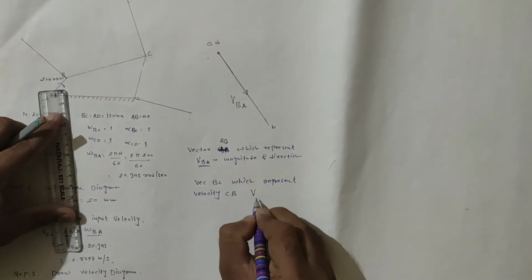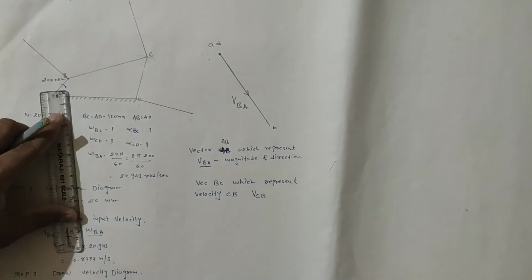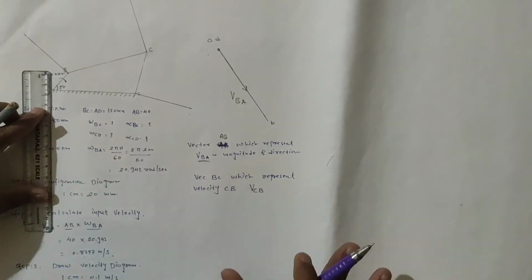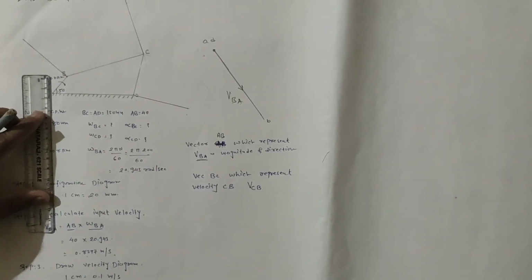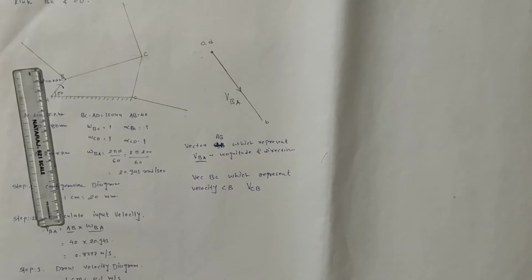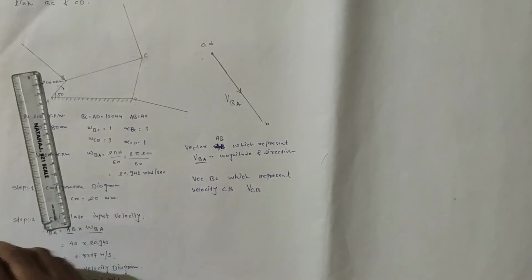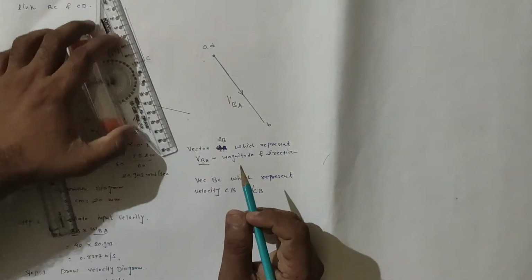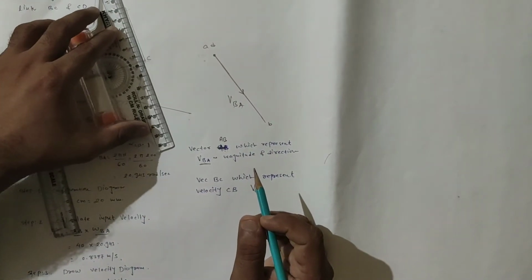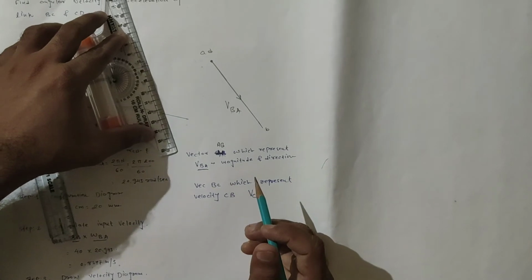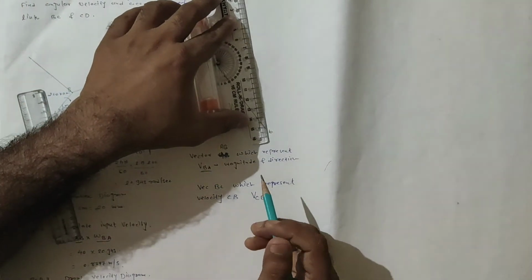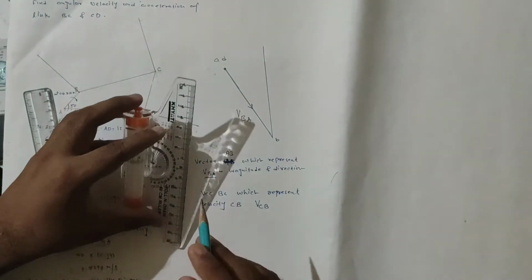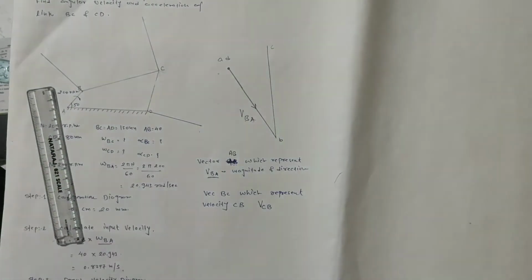It means velocity of C with respect to B. Okay, that we cannot find out over here, as it does not have a velocity magnitude. So how can we draw it? For this purpose, once again, this is our BC link, and this line is perpendicular. So we have to make a parallel line from point B. The dimension is not fixed, so we consider that C may be over here.